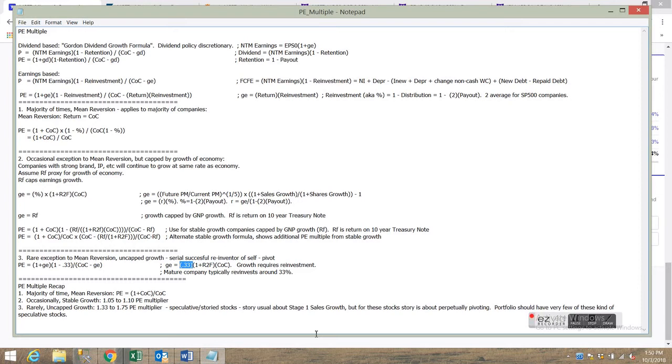So we're just going to go with that for Microsoft. And then it's a question of how much more they are going to be able to return on their projects above the cost of capital. And that's really where the PE that we're going to calculate here is driven by that factor.